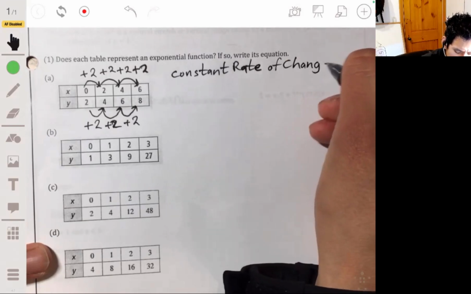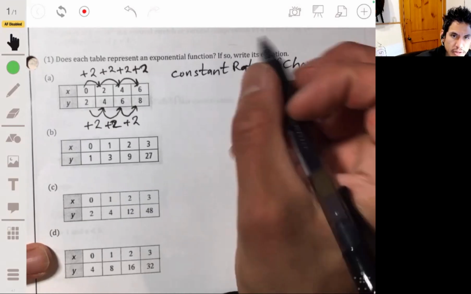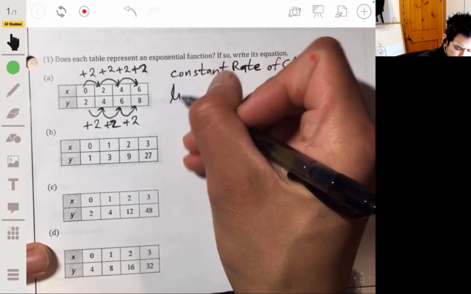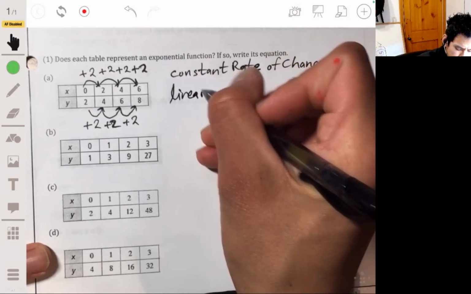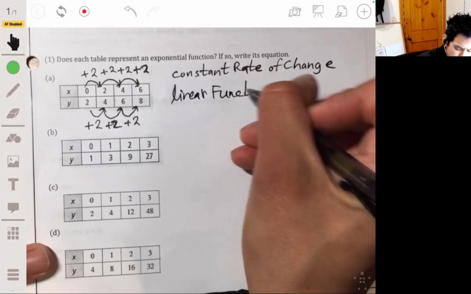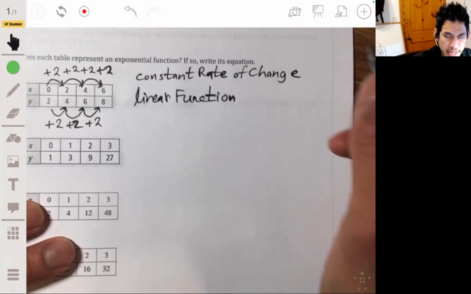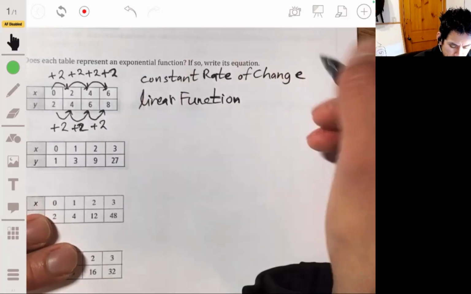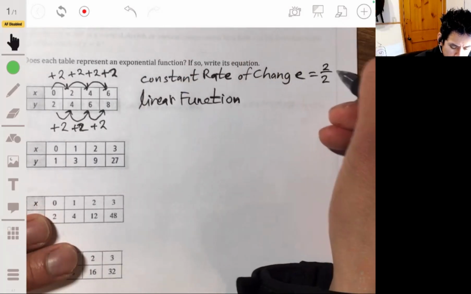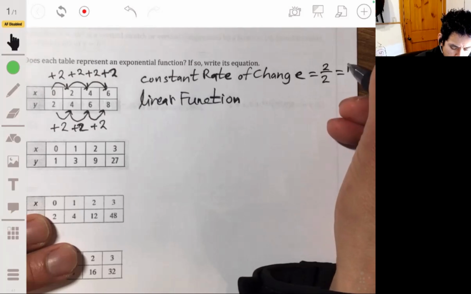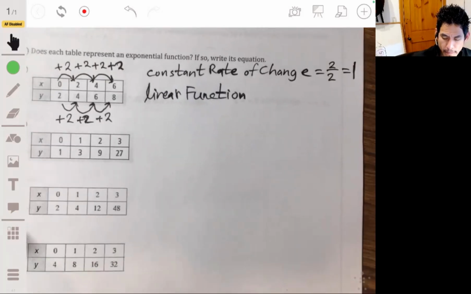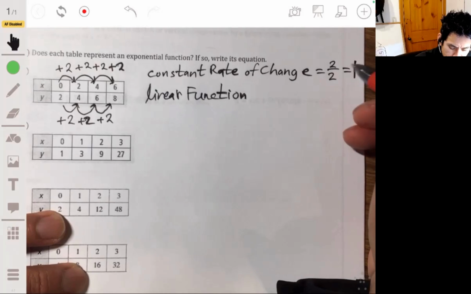And yeah, this is going back to our old friend, the linear function. This is not an exponential function, this is a linear function, because a linear function has a constant rate of change. In this case, it would just be 2 over 2, which is the same as 1 over 1, or just 1. And you're like, well, how does it make sense?